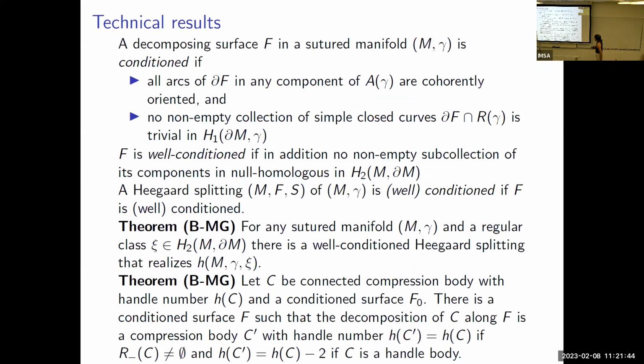Okay, so here are some technical results to prove our result.